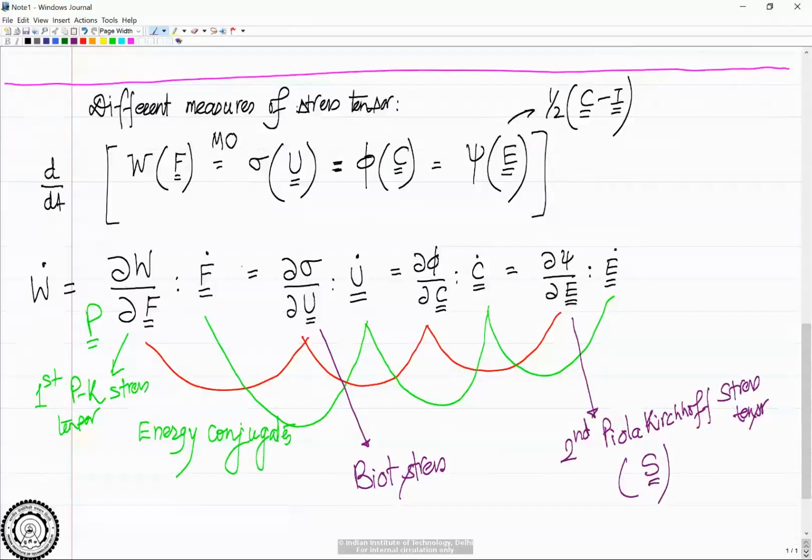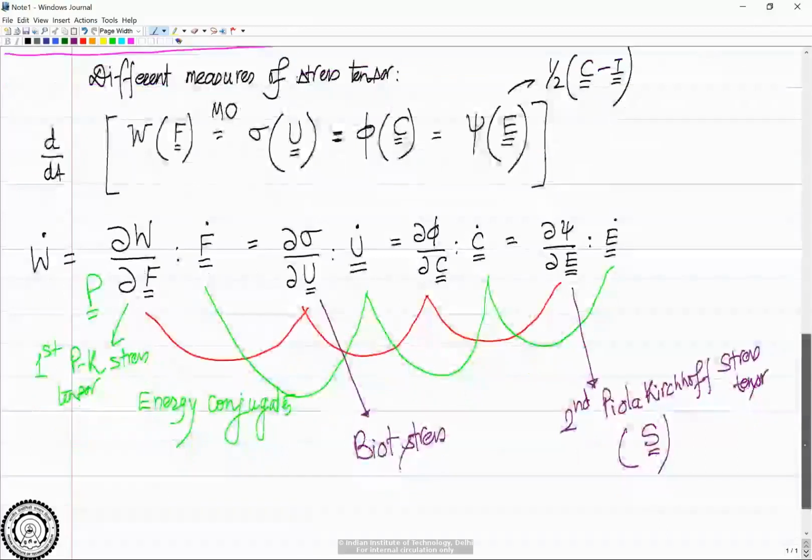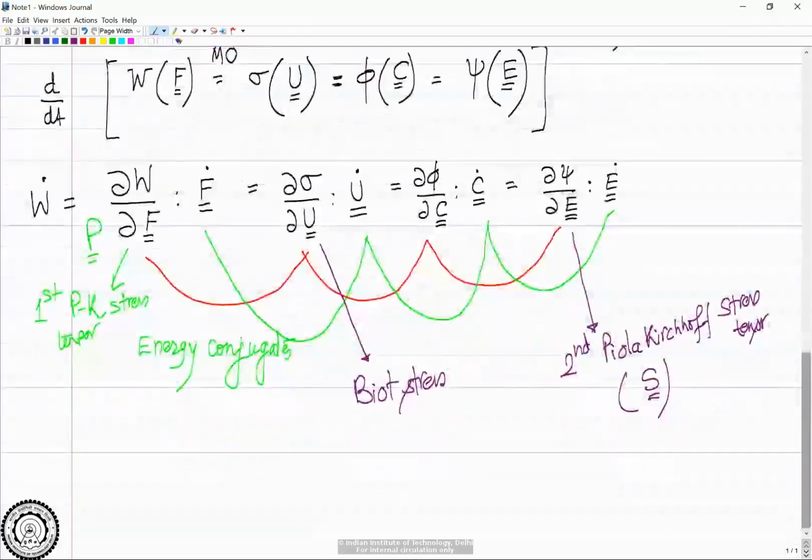Can we relate each of these stress measures? We know how to relate first PK to the Cauchy stress tensor. Can we relate the other stress measures here? So the answer is, of course, we can do it. So let us try to do that. For example, think of this one.